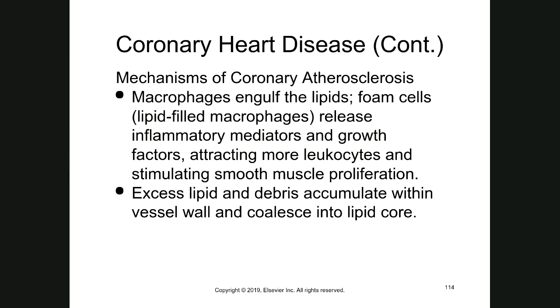Again, the macrophages engulf the lipids, become foam cells, release inflammatory mediators and growth factors, attracting more leukocytes and stimulating the smooth muscle proliferation. The excess of lipid debris accumulates within the vessel wall and collapses into a lipid core.